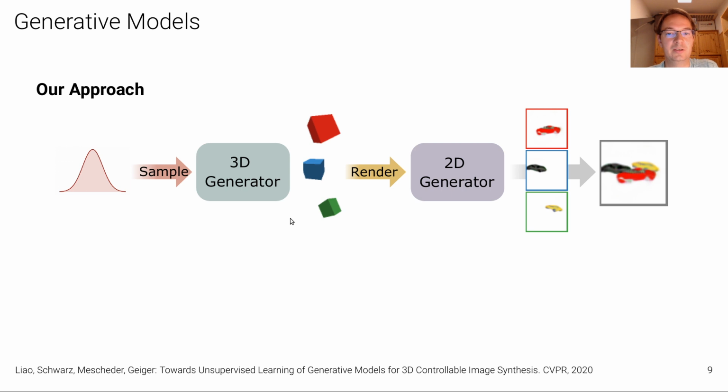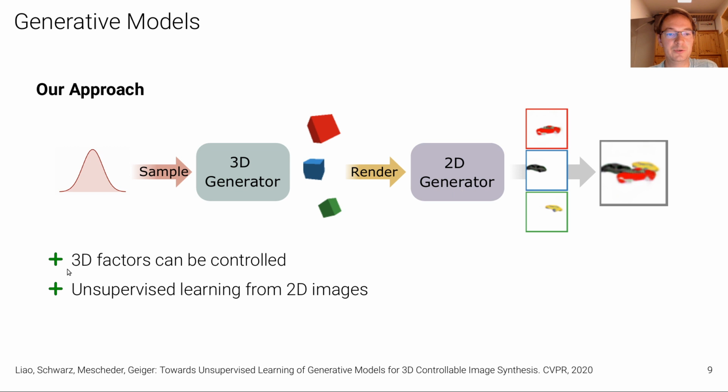Instead of having just a 2D generator, we combine a 2D generator with a 3D generator. So we sample a latent code from a random distribution. Then we have a 3D generator that generates the parameters of such primitives together with the appearance of these primitives, which is then rendered using a differentiable neural rendering algorithm onto the 2D image plane for each object individually, as you can see here, and then composed together into the final image.